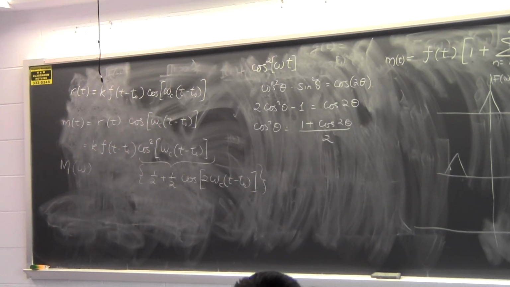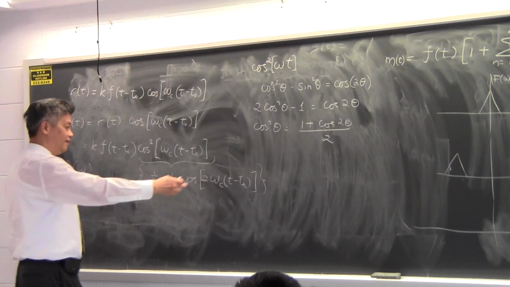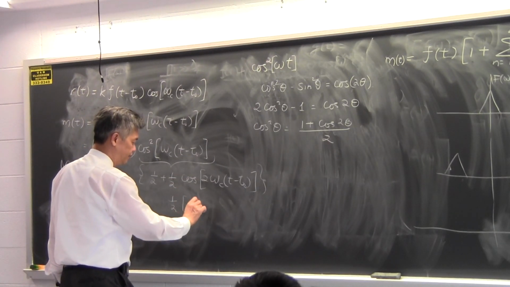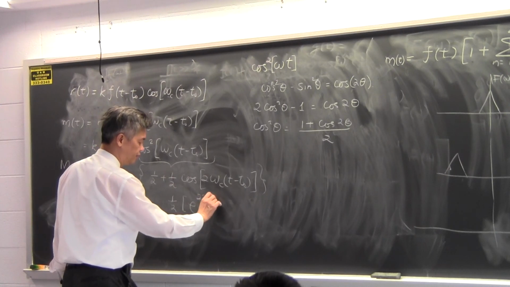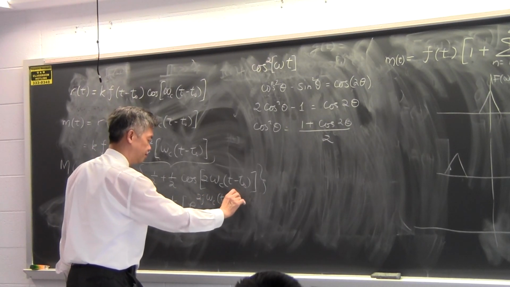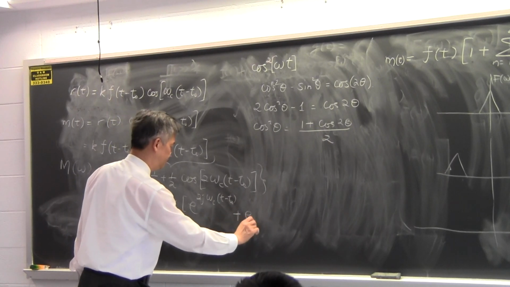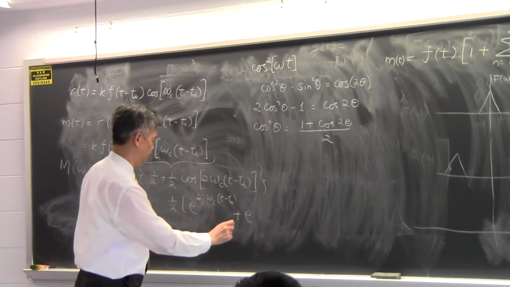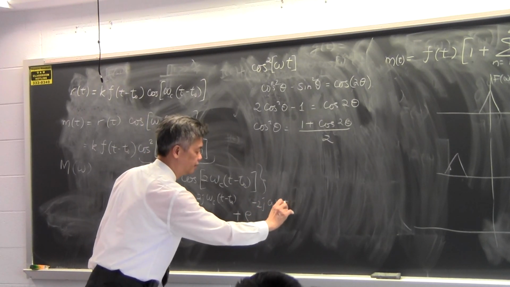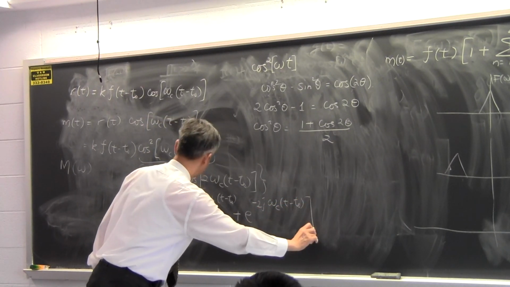And then I can rewrite this in terms of exponentials again. This would be e to the 2j omega c times t minus t naught, plus e to the minus 2j omega c times t minus t naught.